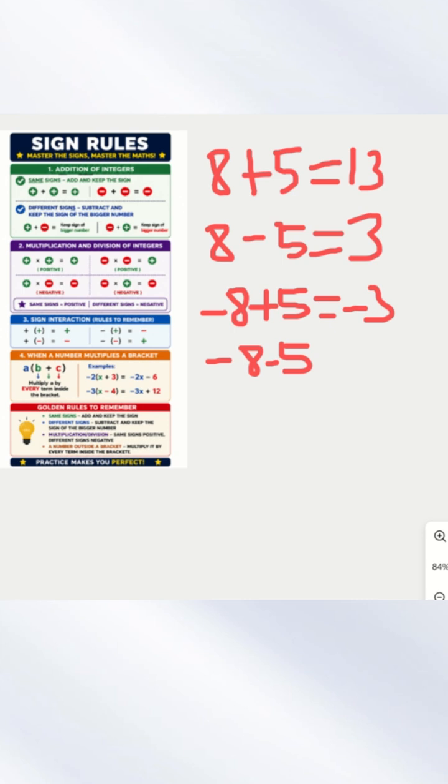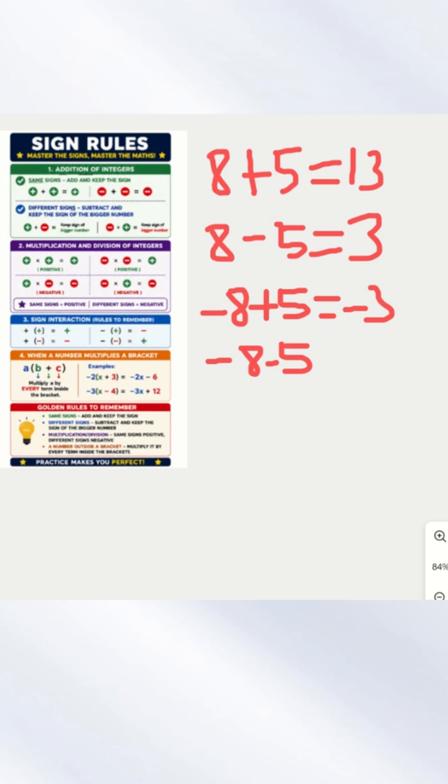And you see the next one, -8 minus 5. When you have two negative numbers, you simply add and keep the same sign.